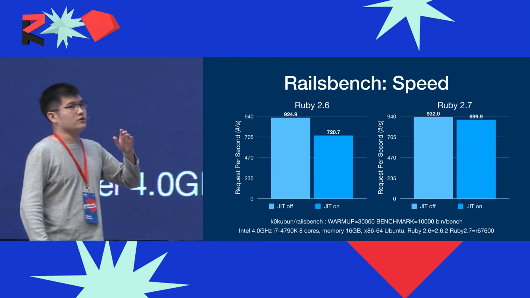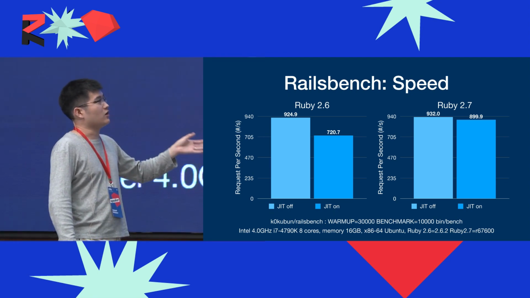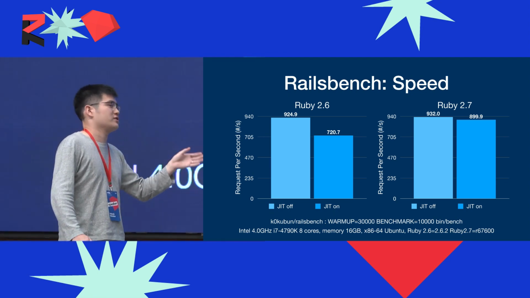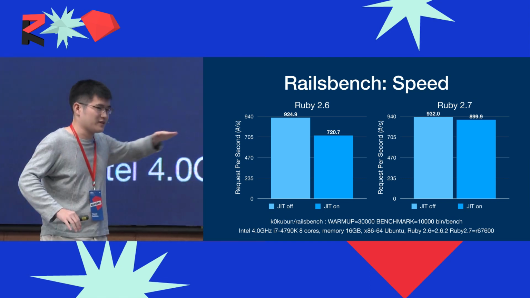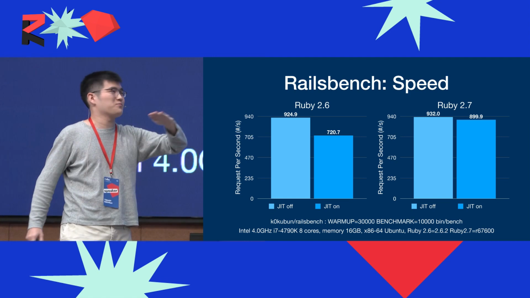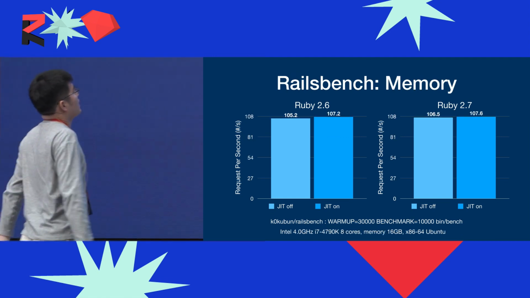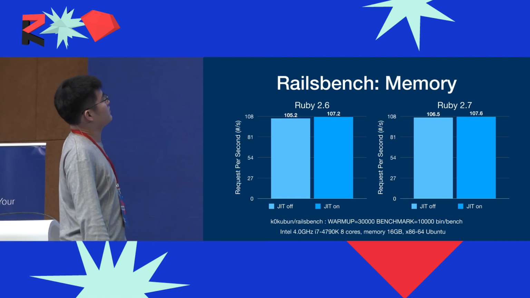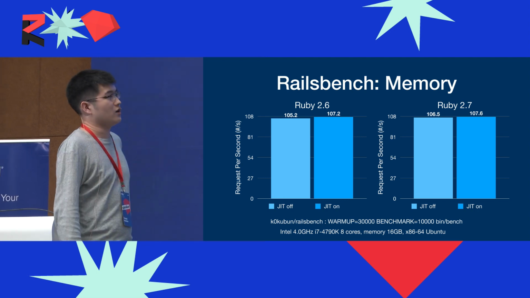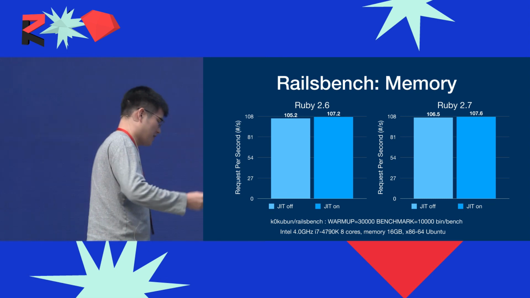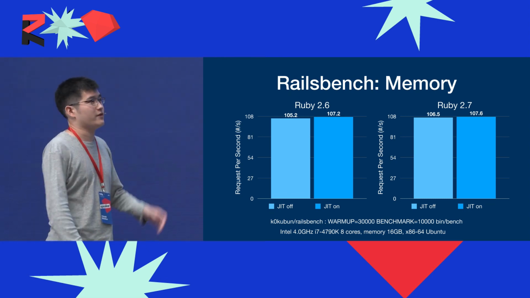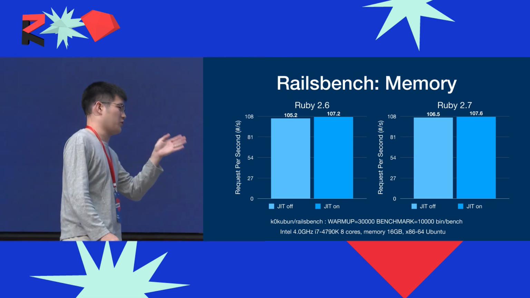But once we solve that overhead, I think we can continuously improve the Rails performance on top of the offset base performance. I also want to mention memory consumption. It almost does not increase the memory consumption, and I think that's a very positive result.